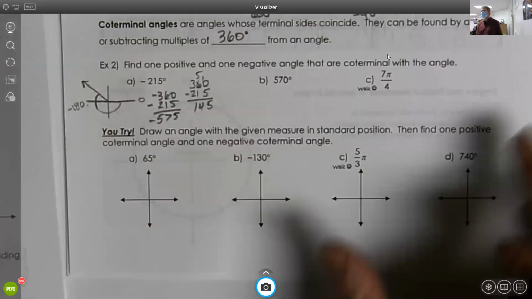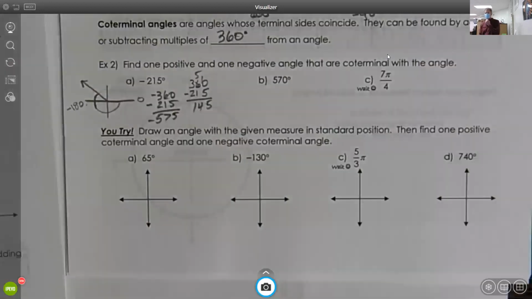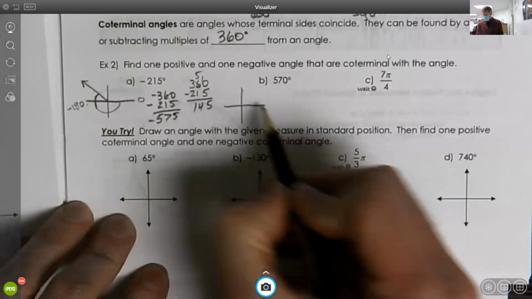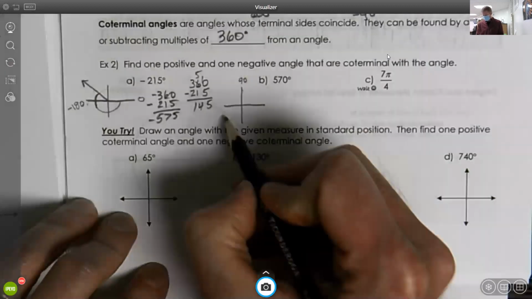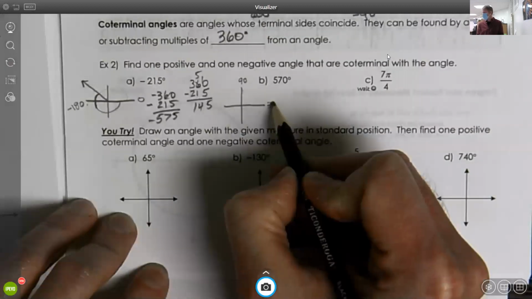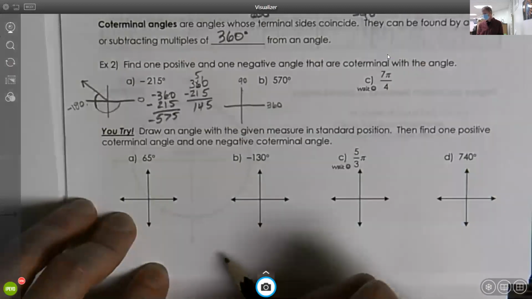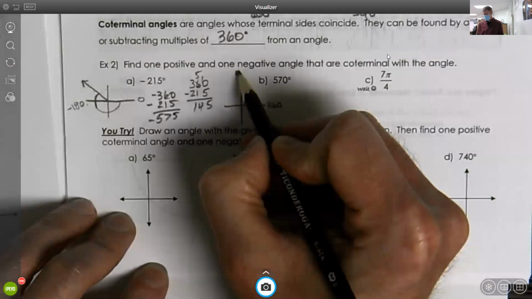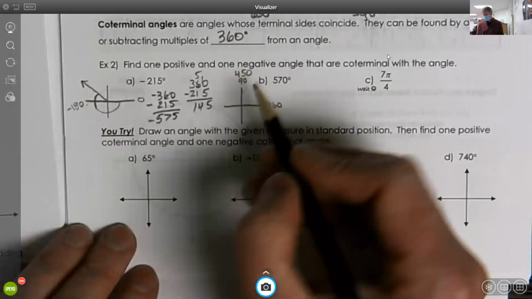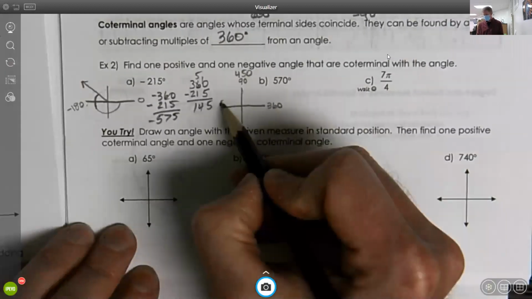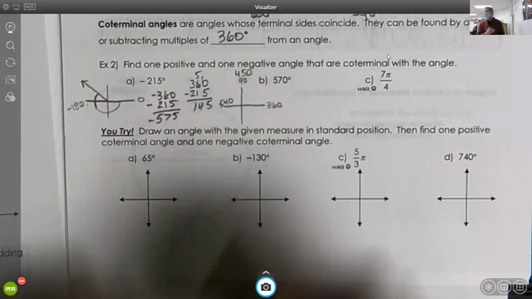Okay, let's talk about 570. Where would 570 be? Well, 90 degrees is straight up. 360 degrees is off to the side. 450 degrees is also straight up. 90 more degrees is 540 degrees, is straight to the left.